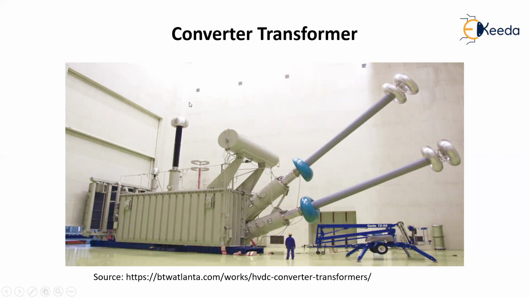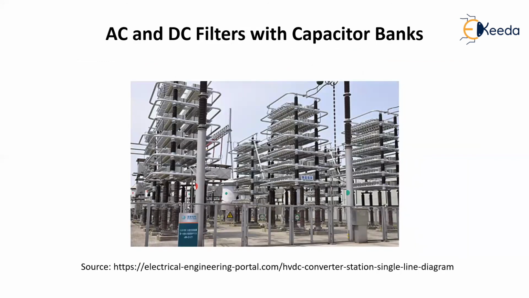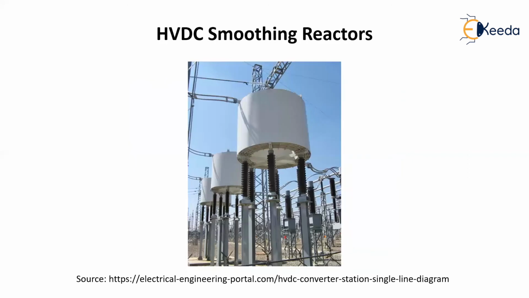You can Google it and find many other photos also available. This is how a typical converter station will look. And then AC and DC filters with capacitor banks used for filtering out harmonics and reactive power compensation. And the HVDC smoothing reactors to smooth out the ripples of the DC converted values.